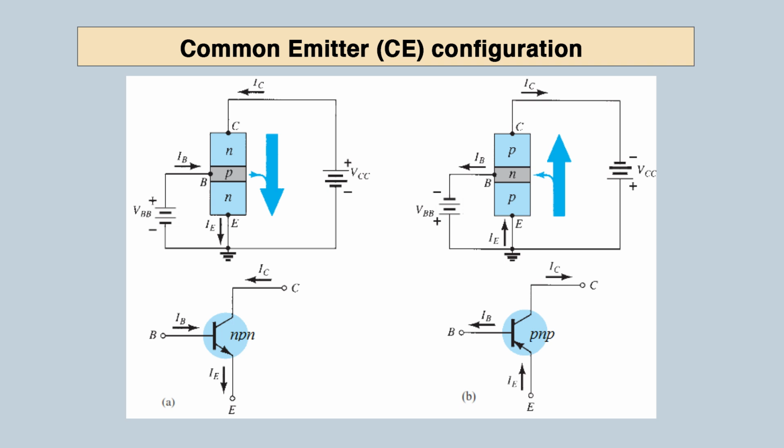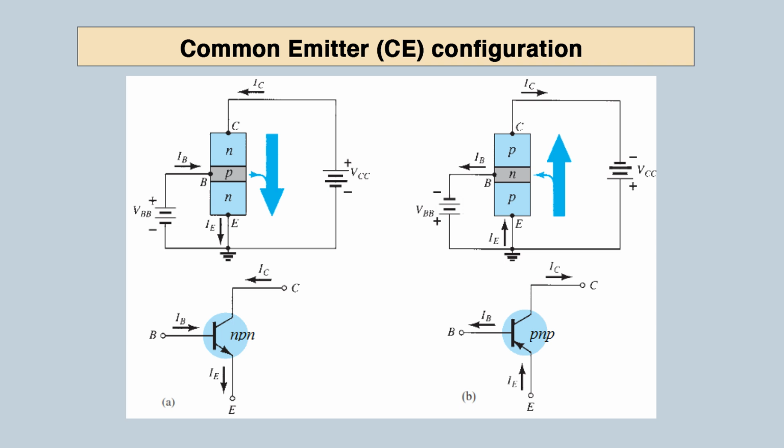Now let's look at the common emitter configuration. In common emitter configuration, base is the input terminal, collector is the output terminal, and the emitter is the common terminal for both input and output.